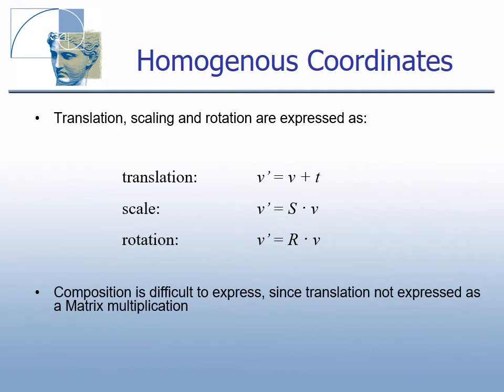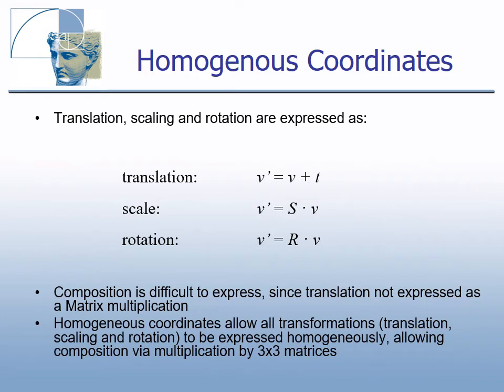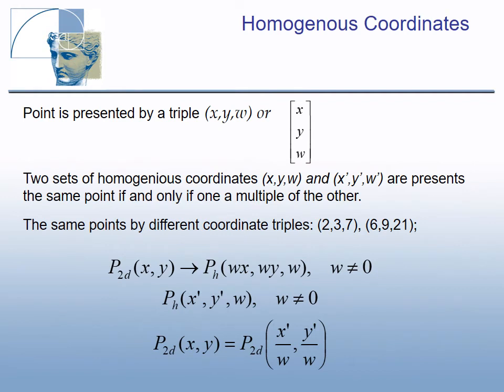To allow for such a composition, special homogeneous coordinates were introduced. The term homogeneous means that these coordinates allow all transformations to be expressed homogeneously and serve for the composition of all transformations using multiplication of 3 by 3 matrices. For a 2D point in homogeneous coordinates, we just add one extra coordinate w.